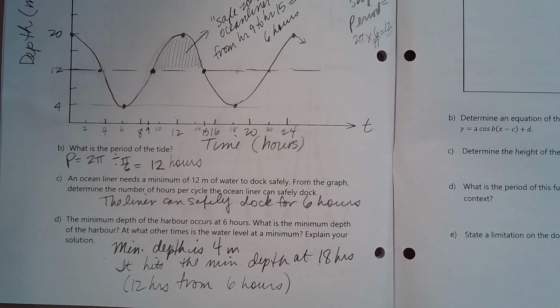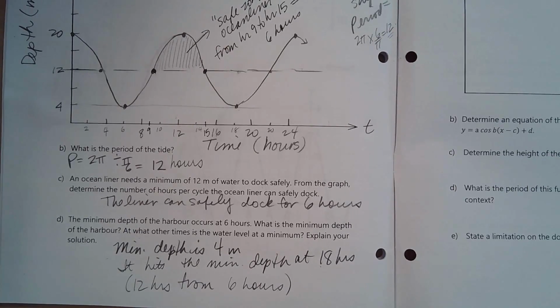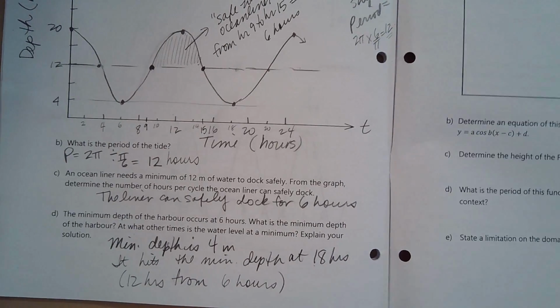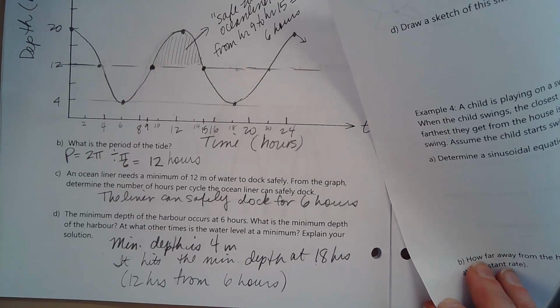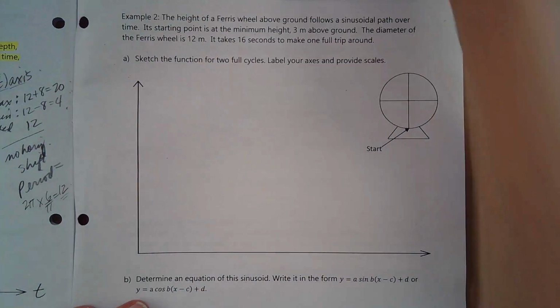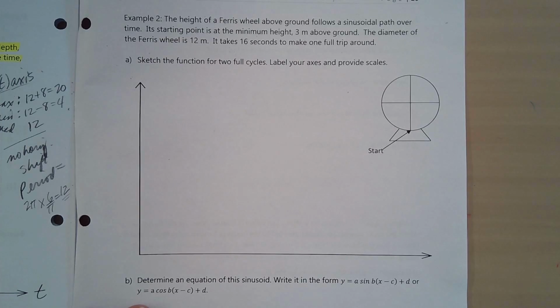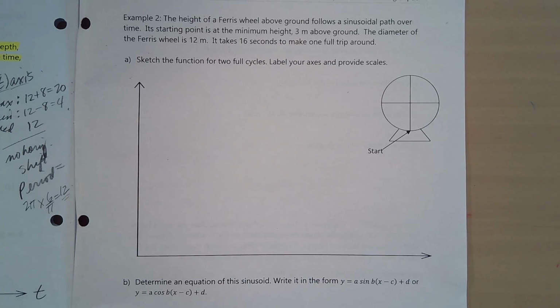So applications, you see some high and low tide questions, some temperature questions can appear in sinusoidals. Another type of question that's common to see is a Ferris wheel. Because a Ferris wheel or a bicycle tire or some kind of car tire, the motion that a person sitting in one of the carts of the Ferris wheel, or I think we had a stone stuck in a tire on a question that you had.